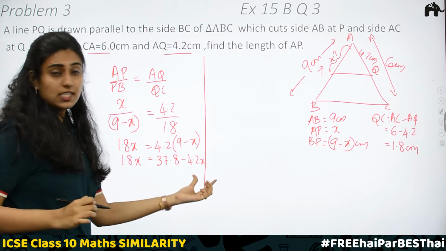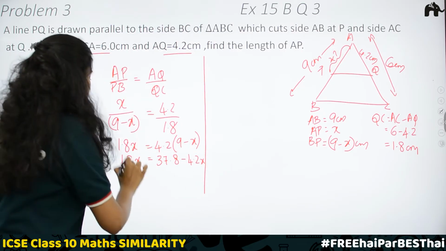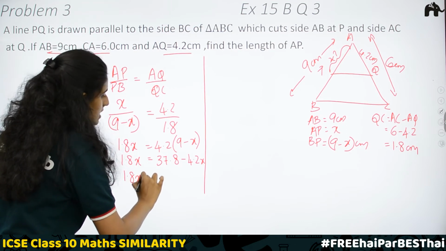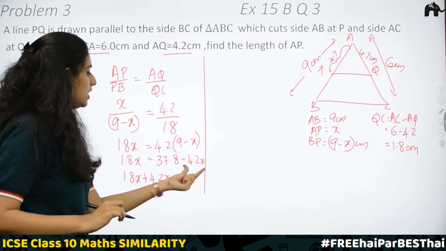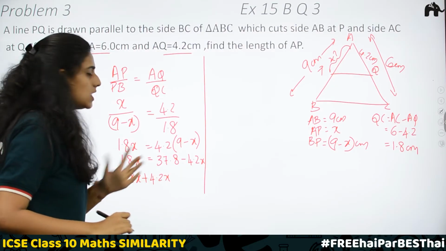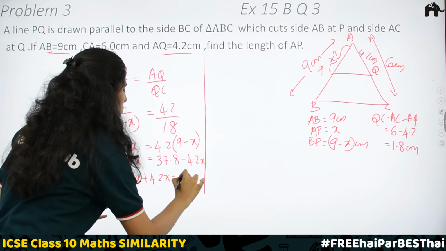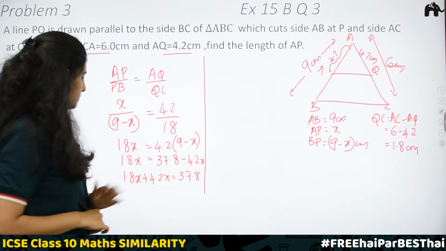Now taking all the x containing terms to one side, we get 1.8x plus 4.2x. Minus 4.2x, when taken to the left hand side, it becomes plus 4.2x is equal to 37.8.